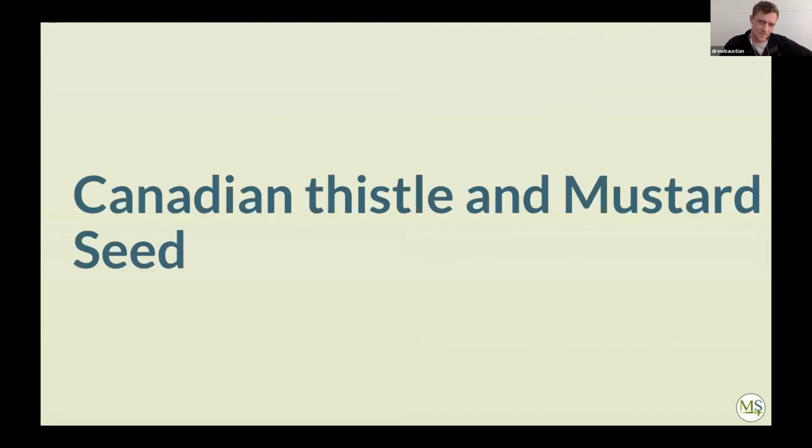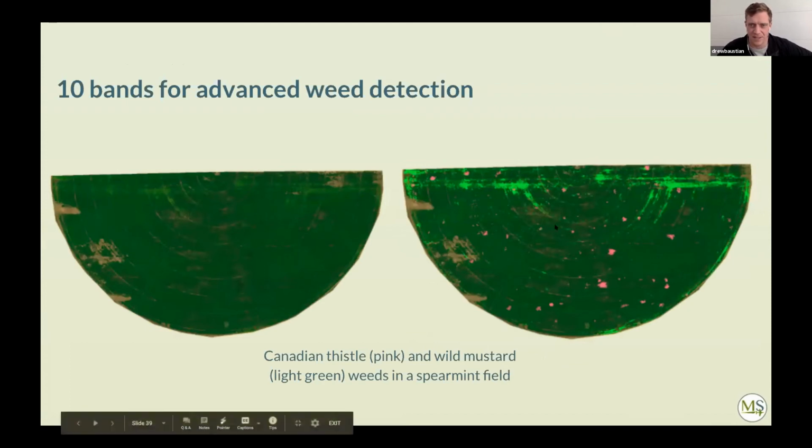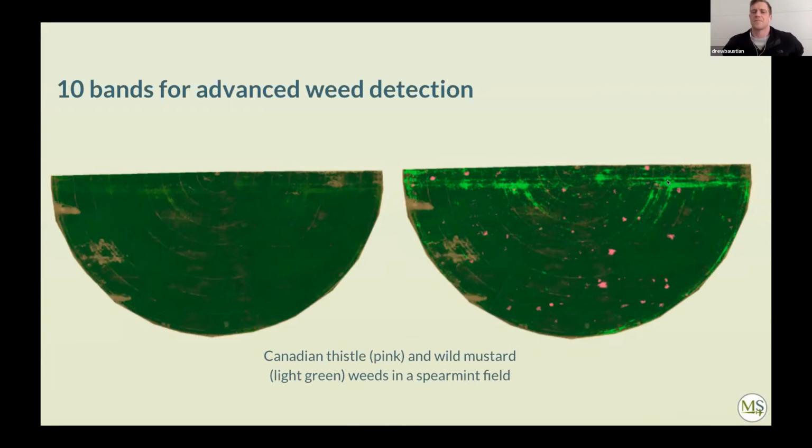So this one is identifying a couple of different weeds in a spearmint field. As you can tell, this is an irrigation pivot. I think we did this in the state of Washington. They were growing spearmint for, gosh, I think it was essential oils or something like that.